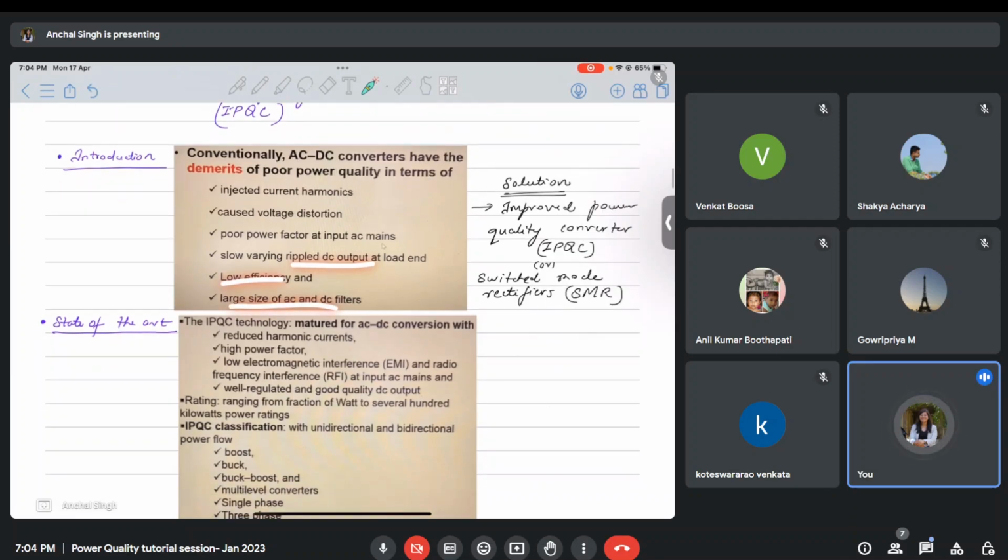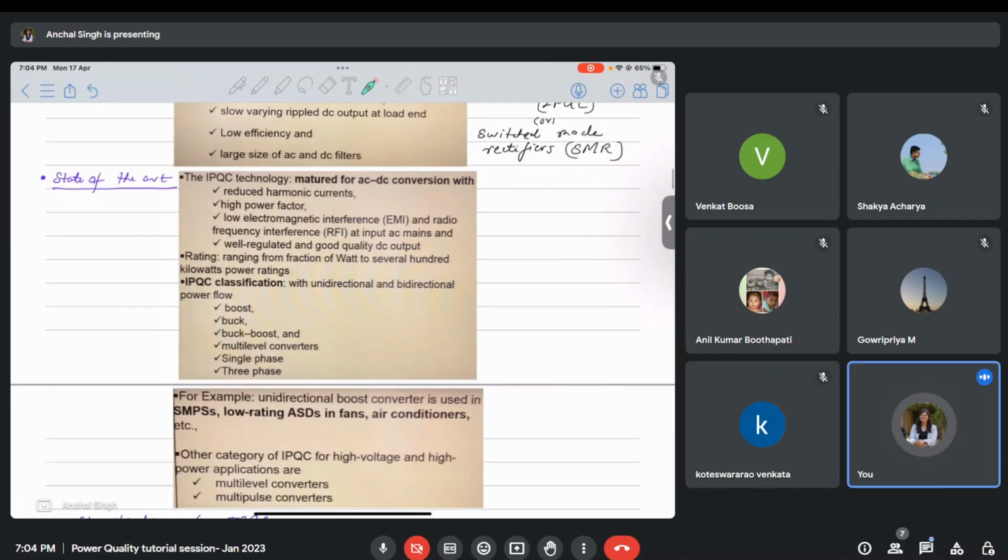And the solution to all these problems, in order to take care of all these power quality problems present inside the AC-DC converters, is that we replace these AC to DC converters with improved power quality converters, which are also called switched mode rectifiers. So that is the solution to these problems.